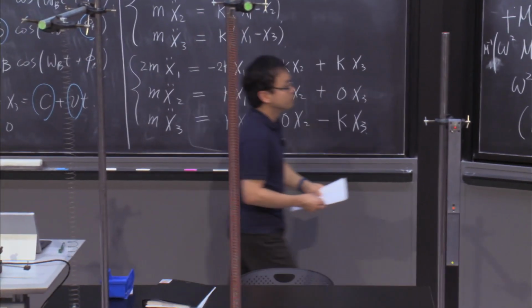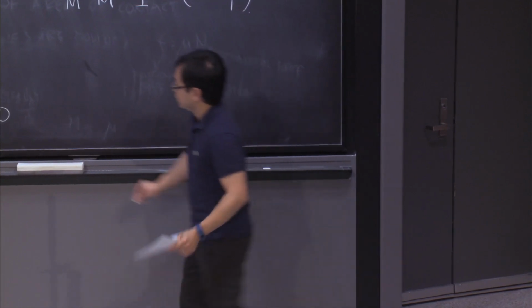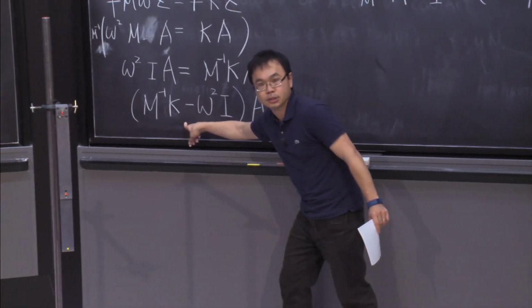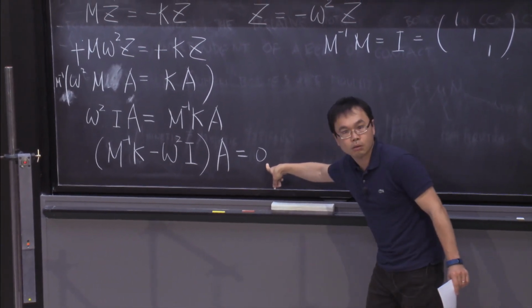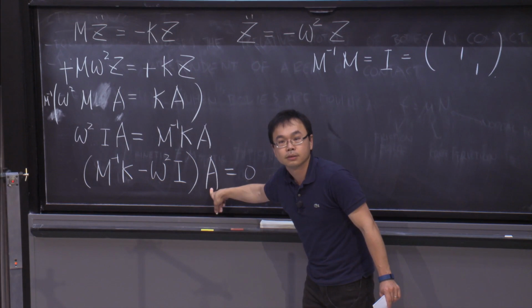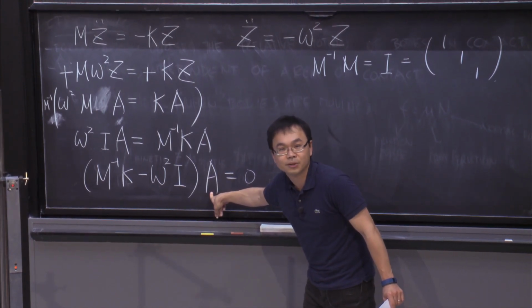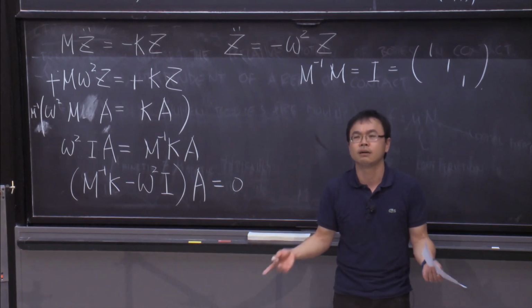If you have learned matrices before, you have some matrix times A, and this is equal to 0. A is not 0, I hope. If it's 0, then the whole system is not moving, then it's not fun, right?